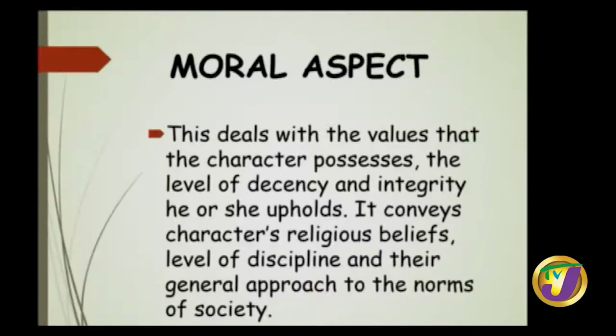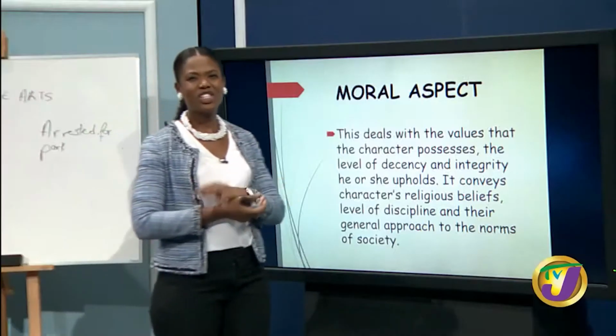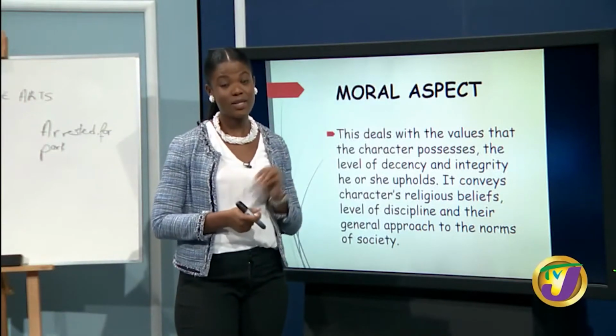The moral aspect of the character, this deals with the values that the character possesses, the level of decency and integrity that he or she upholds. It conveys the character's religious beliefs, the level of discipline, or their general approach to the norms of society. Is the character quick to take things that don't belong?